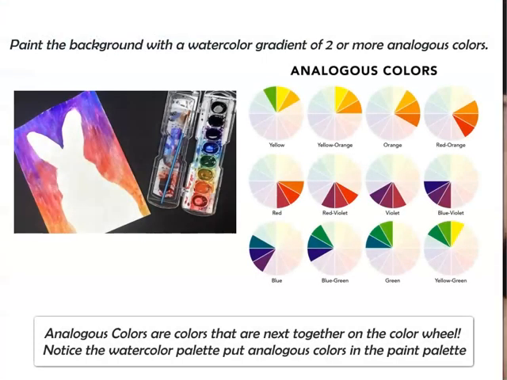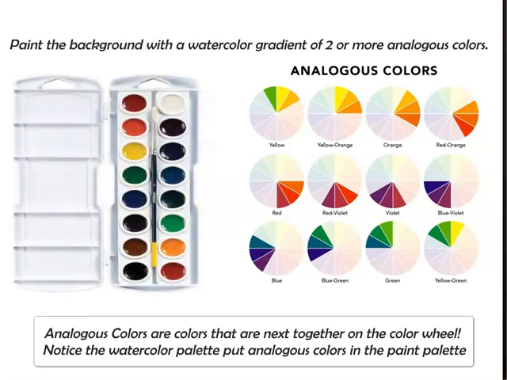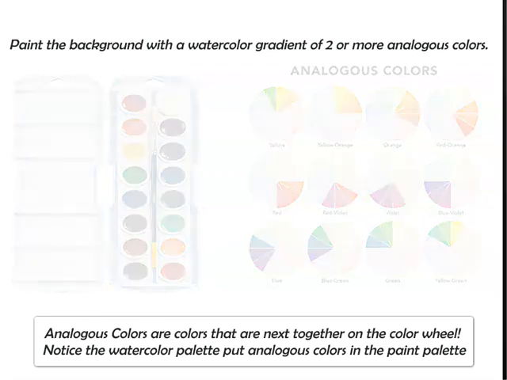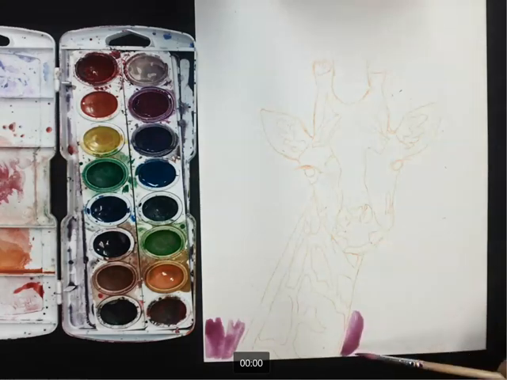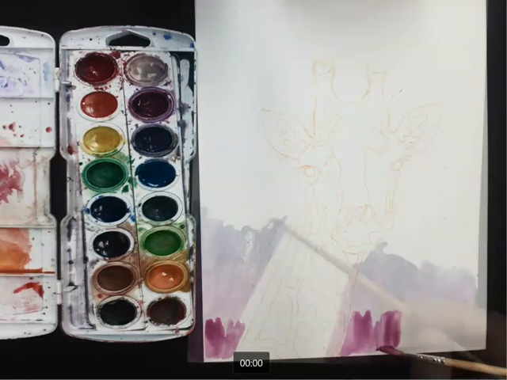The next step is going to involve painting the background with 2 or more analogous colors. Analogous colors are colors that are next to each other in the color wheel. Notice how the watercolor palette is arranged with analogous colors next to each other.